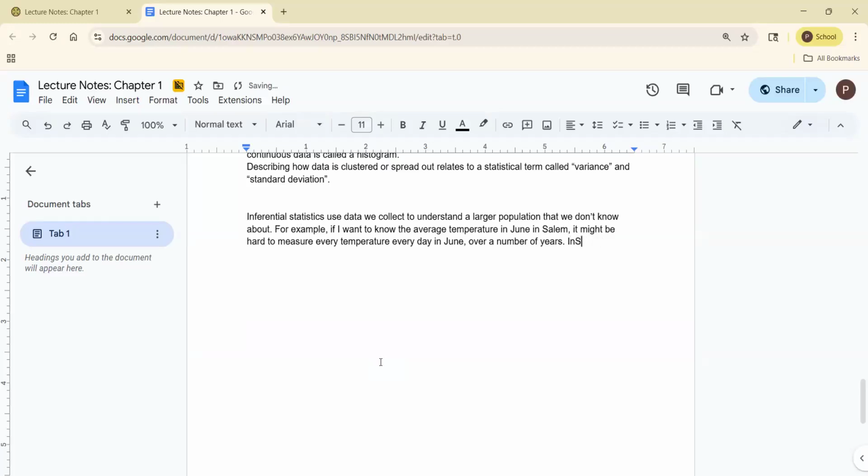Instead, I collect a smaller sample of data and use that to estimate the data about the population along with a reasonable range about that estimate.